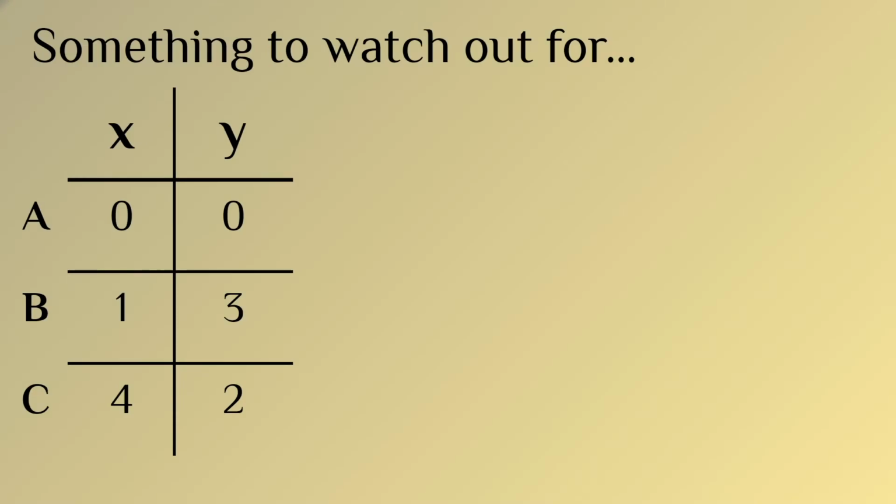On a side note, something to watch out for is a table like this when asked to find slope. At first glance, this may seem like a normal table of a line, so finding the slope would be the same as before, right? Wrong. This table is not actually the one of a line, and thus we cannot find a constant slope.